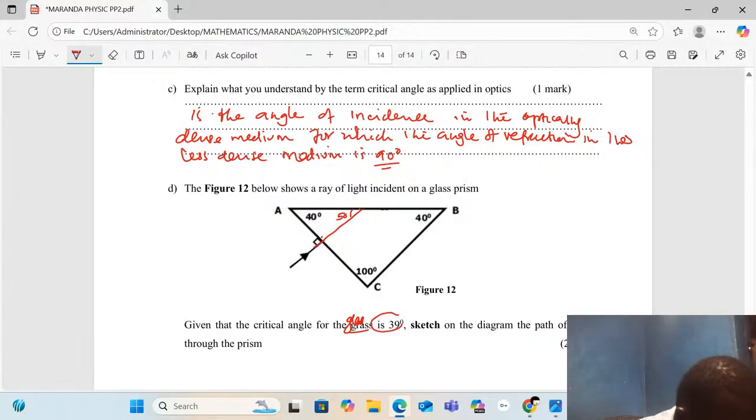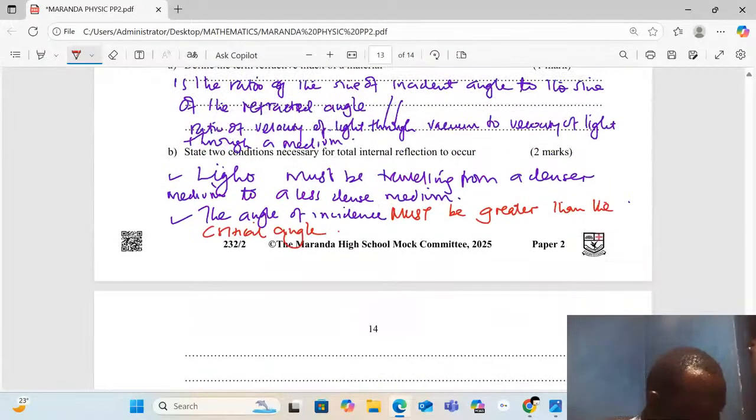If you draw an imaginary normal, then our incident angle on the side AB will be 40 degrees. 40 degrees is greater than 39, which is our critical angle C. So we expect total internal reflection to occur.